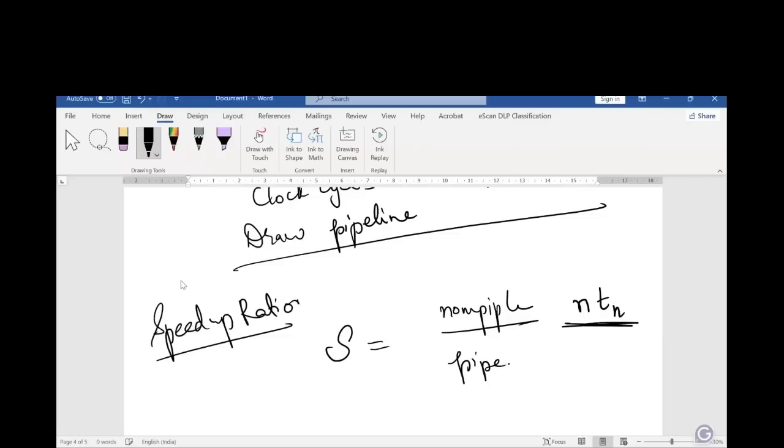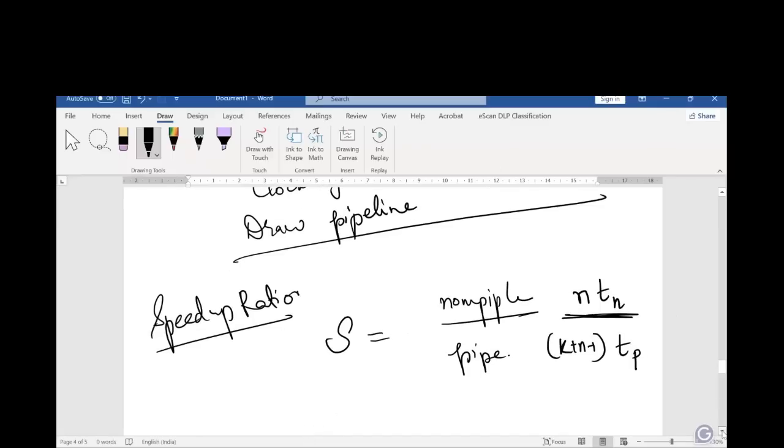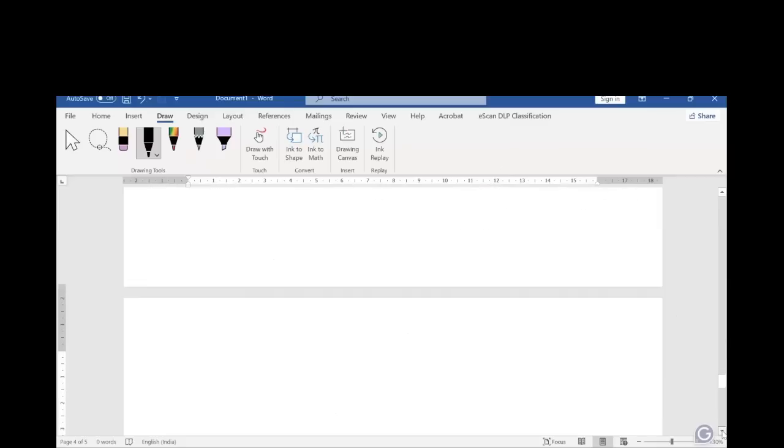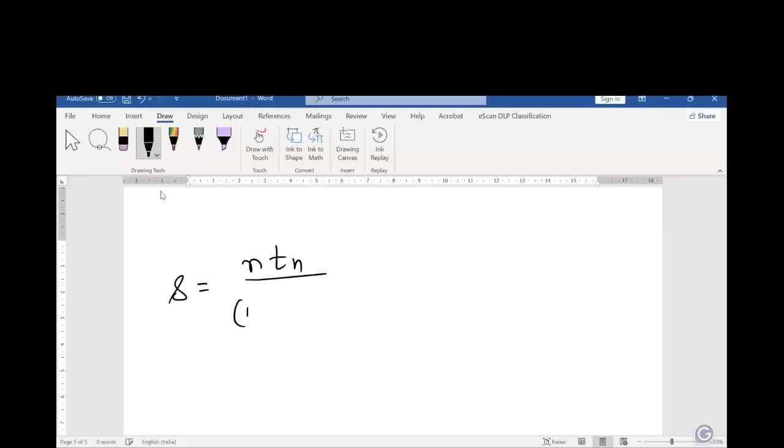Whereas in the pipeline architecture, we know that k plus n minus 1 is the number of clock cycles required. If each clock cycle is of Tp time, the speed up ratio S is n Tn upon (k plus n minus 1) Tp.